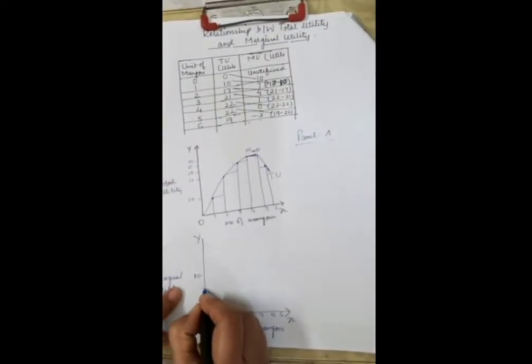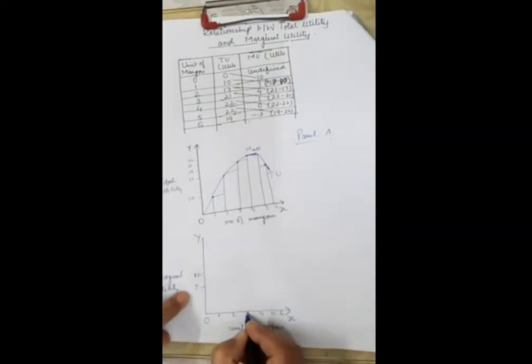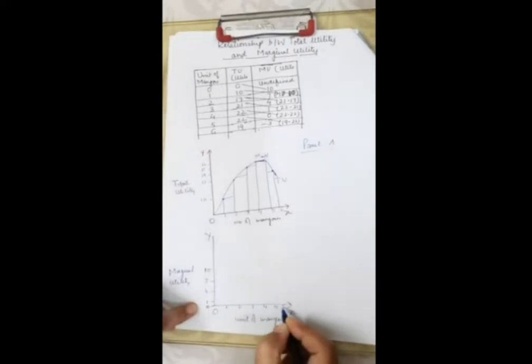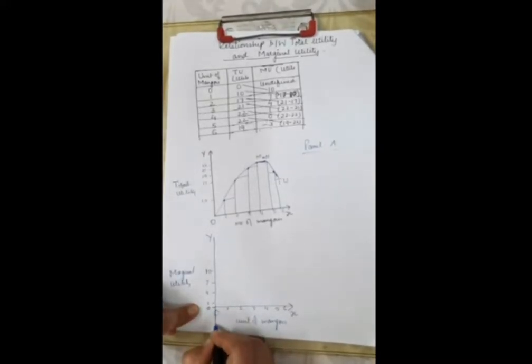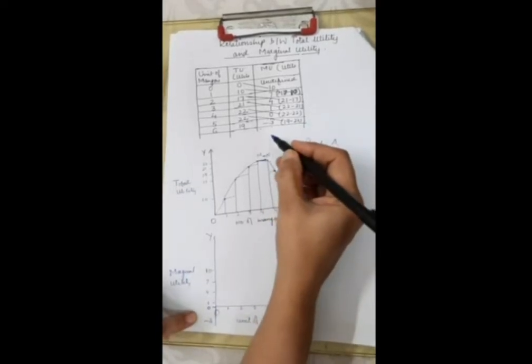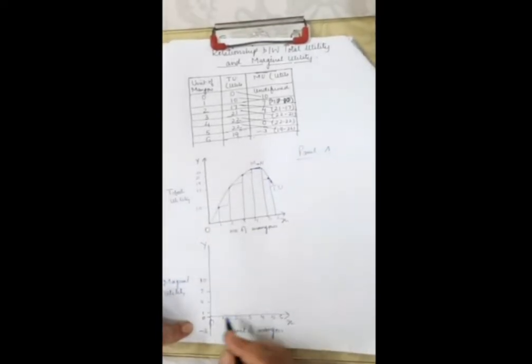Second gives him 7 over here, third gives him 4 over here, fourth gives him 1, fifth 0, and then sixth is below the axis, that is minus 3. Can you see that? Right. Again we will be joining these dots.